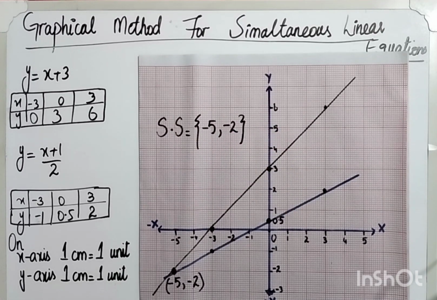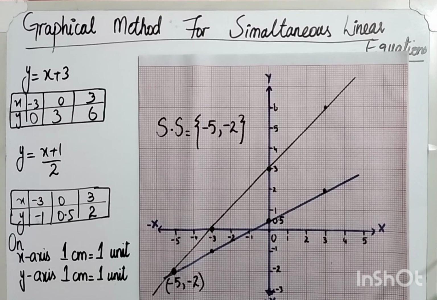You need to remember one thing: if the graphs are not intersecting at any point, we can extend our graphs in order to join them. That's what I have done in this case, and the two lines are meeting at the point -5 and -2.